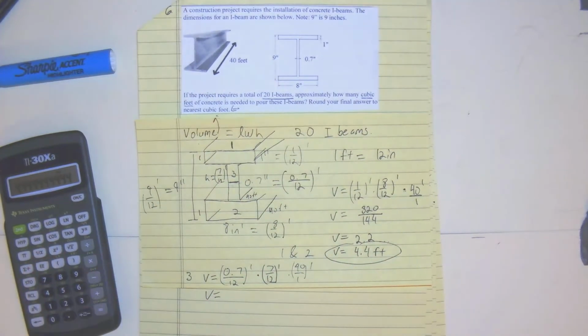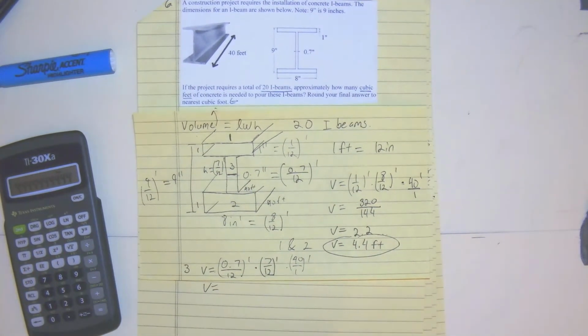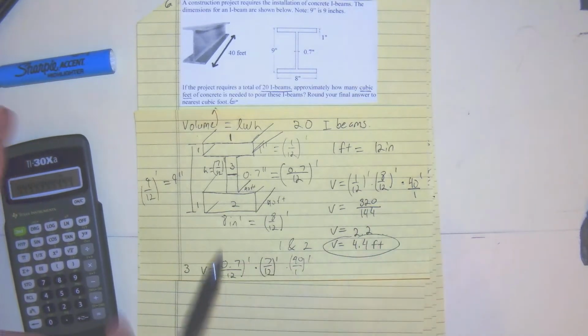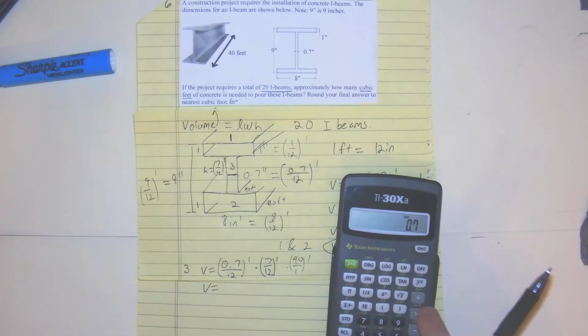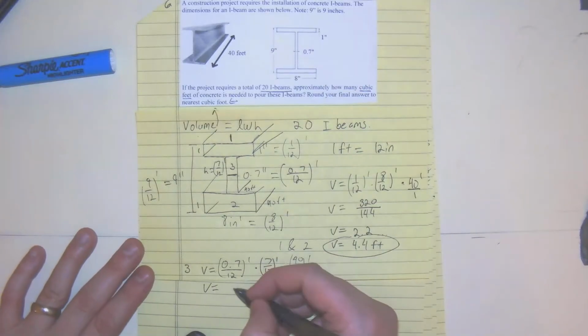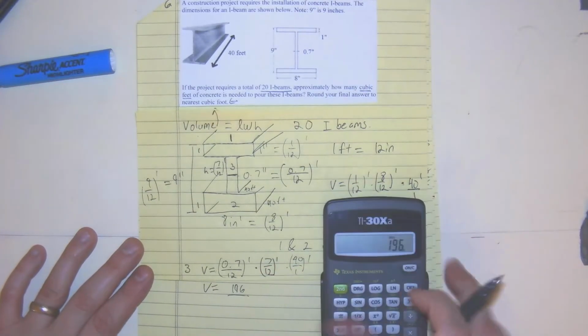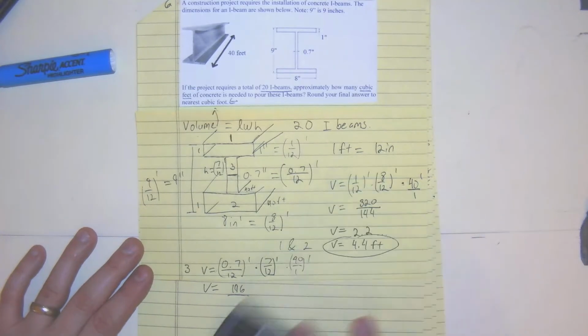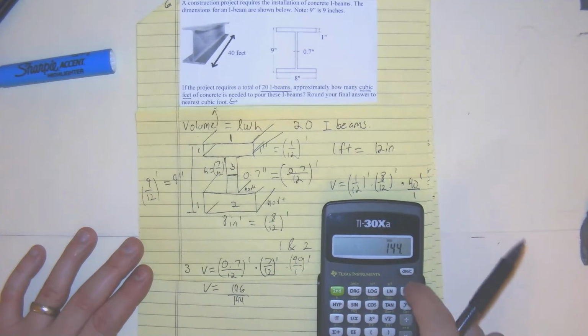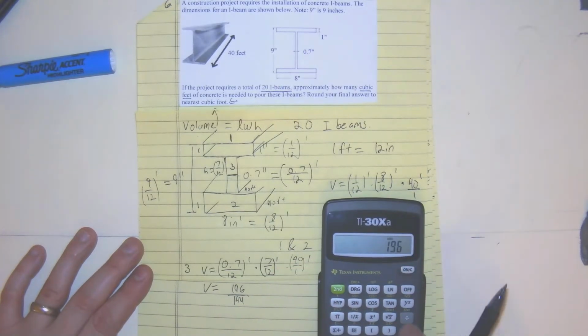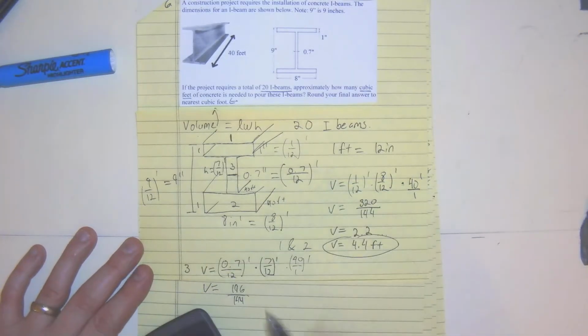So here the volume would be, let's multiply the numerators first and then do the denominators. 0.7 times 7 times 40 gets you 196. 12 times 12 times 1 is 144. So we do 196 divided by 144. You get 1.36. We'll just leave it at 1.36.